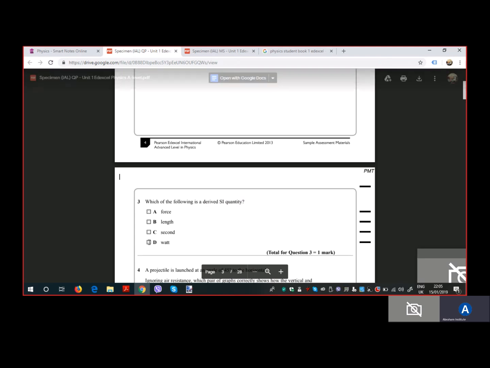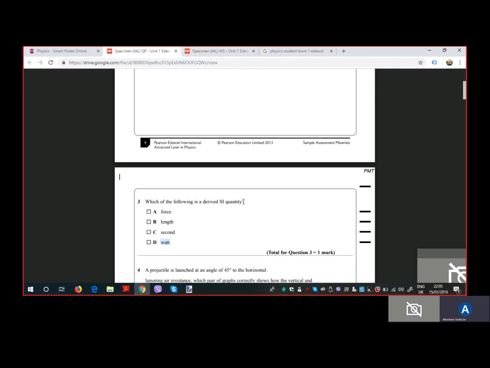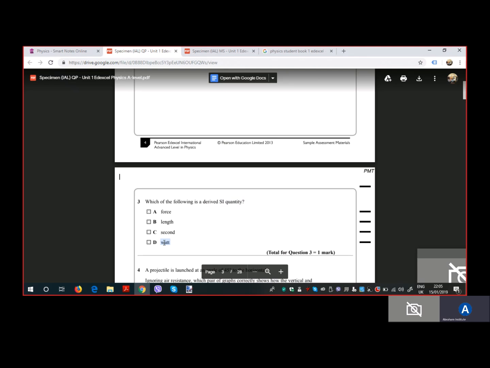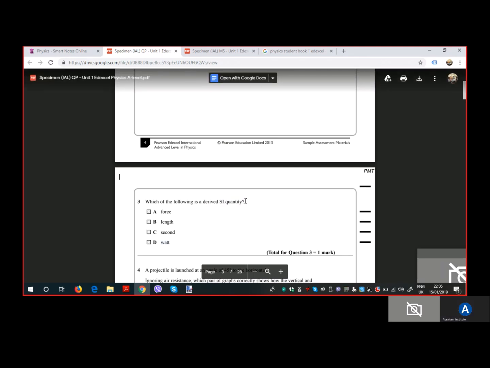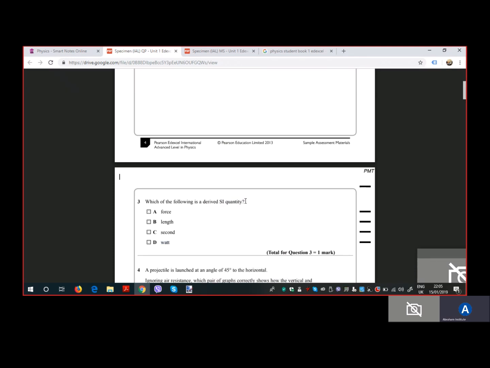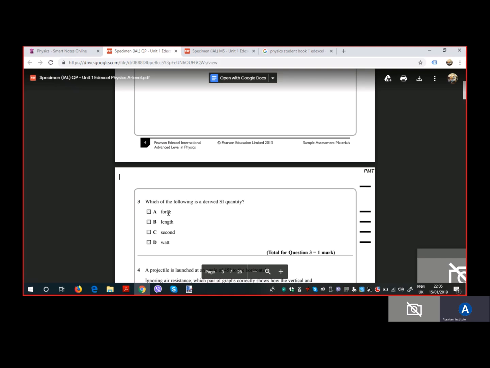Yeah, this is not a quantity. It is a unit. Now, if they said derived SI unit, then it is this one. Sir, but how is force derived? Because this is a quantity. Do you remember the 7 base quantities? Force was not in the base quantity list.